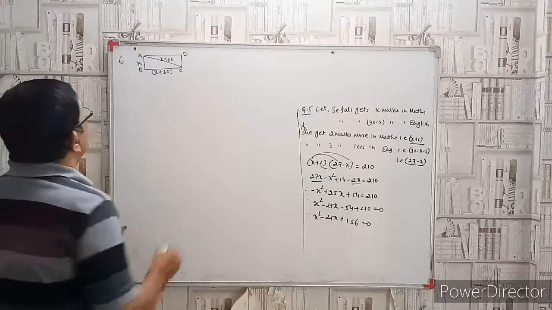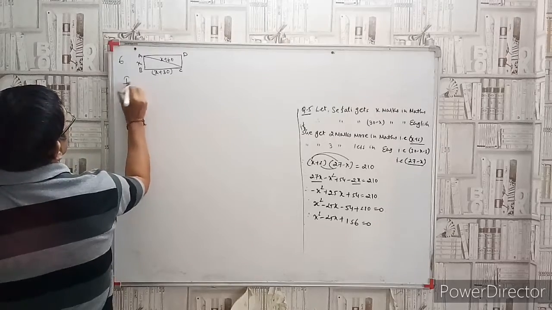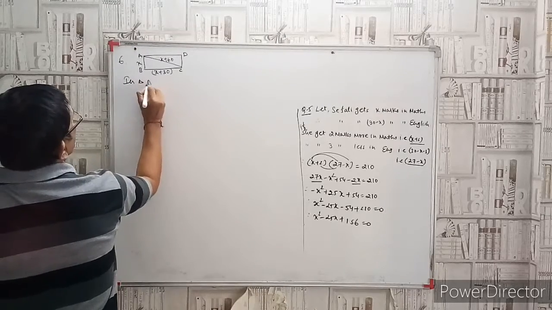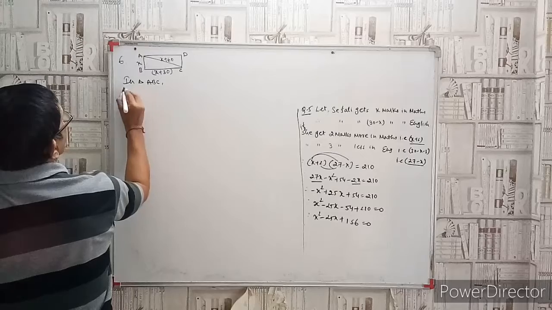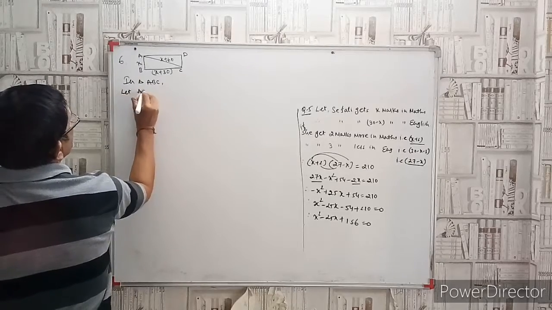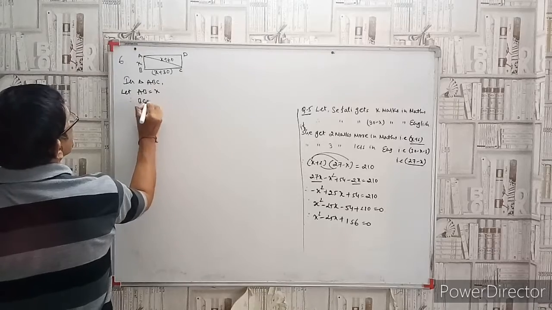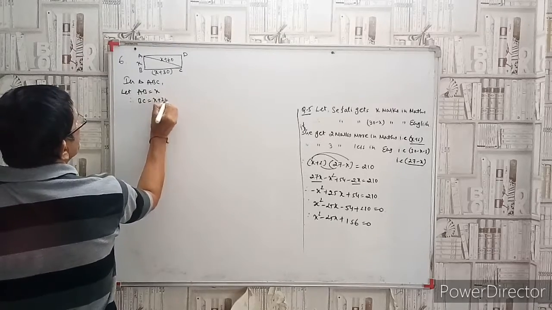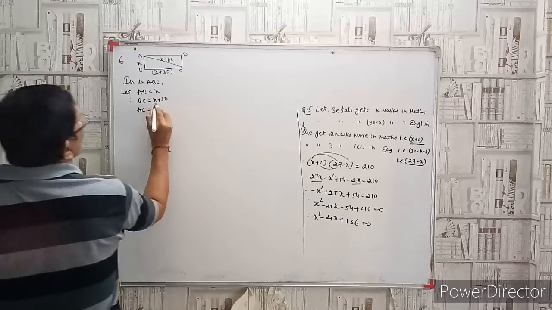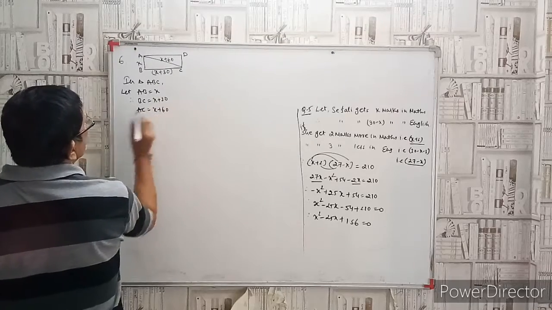Okay, so here in triangle ABC, let AB be equal to x. Therefore, BC is equal to x plus 30 and AC is equal to x plus 60.